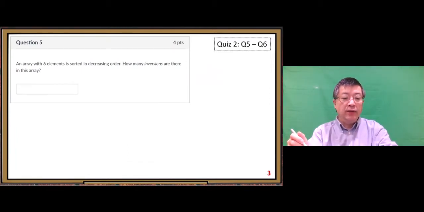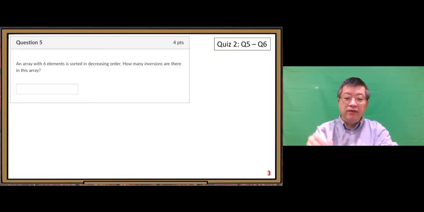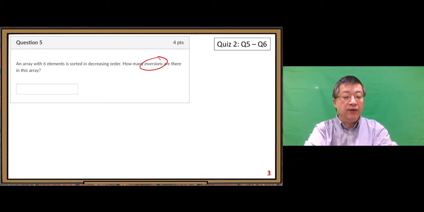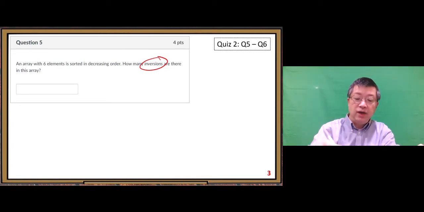An array with 6 elements sorted in descending order. How many inversions are there in this array? This checks your understanding of the inversion concept. So let's assume descending order, right?